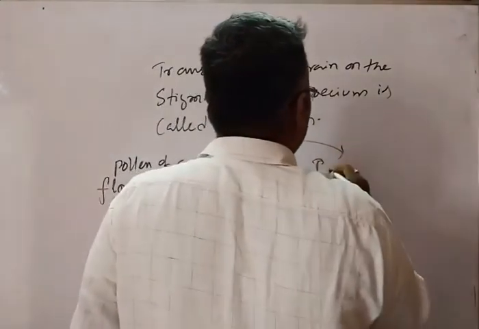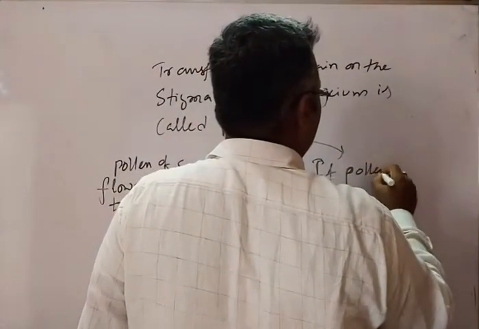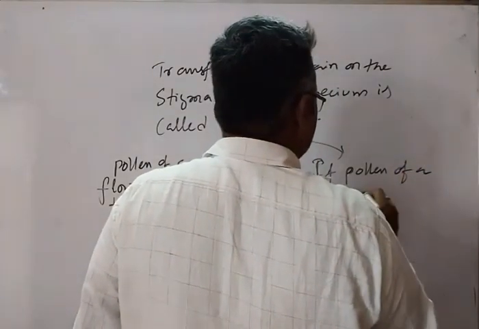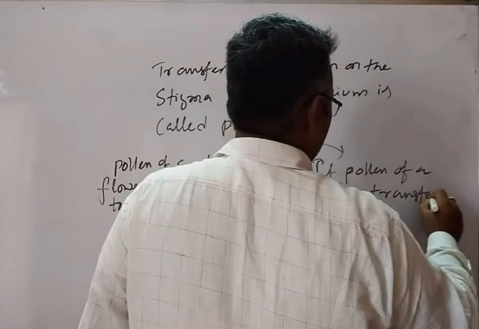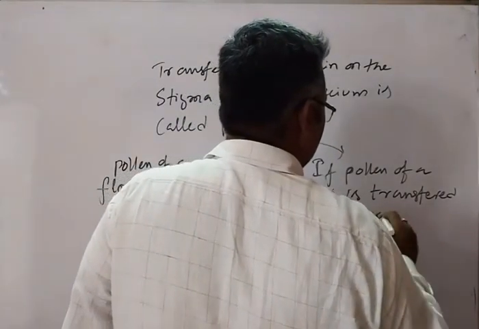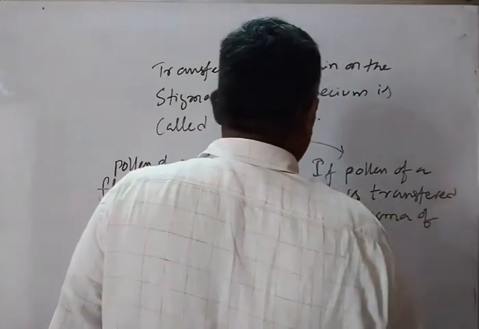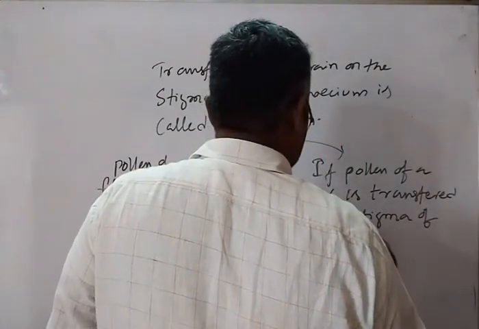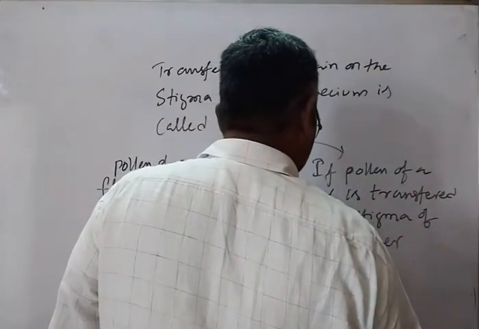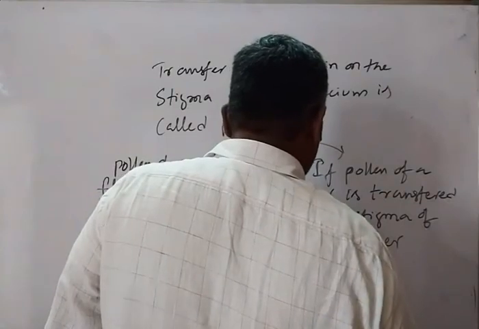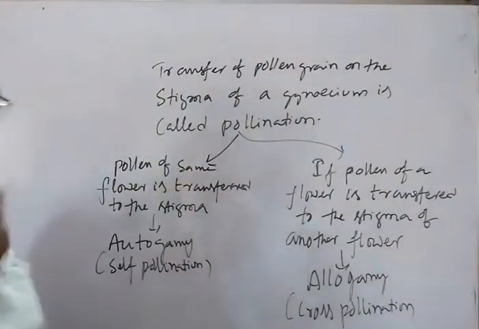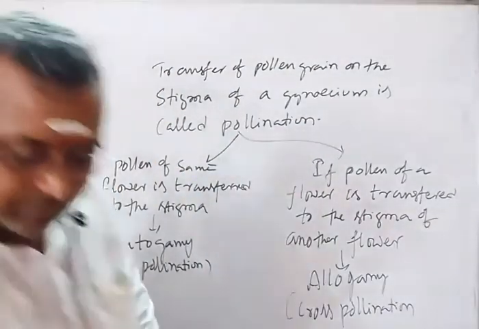If pollen of a flower is transferred to the stigma of another flower, then it is called allogamy or cross pollination.